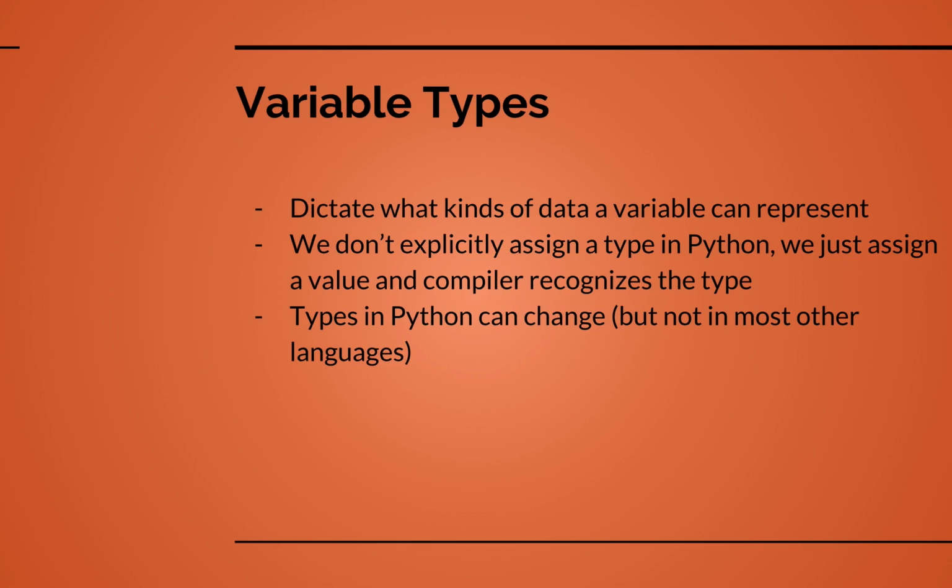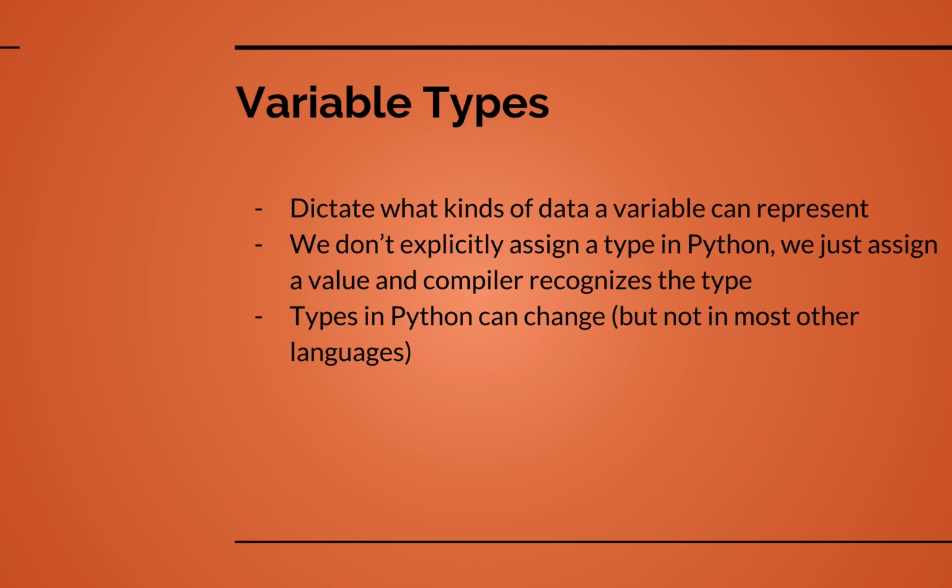The second big way that variable types are different is that Python variable types can change. That means that, let's say I start out with some variable that's storing numerical data. Maybe I want that same variable to store text data later on. Most other languages won't let you do that. They're called statically typed languages.